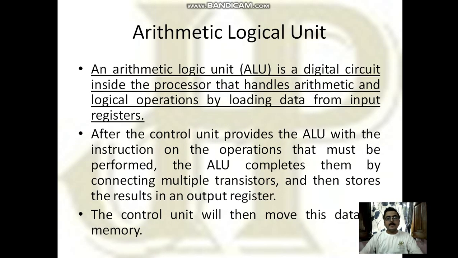Now, arithmetic logical unit. An arithmetic logic unit is a digital circuit inside the processor that handles arithmetic and logical operations by loading data from the input register. We already saw in the previous slide that whatever data is given by the control unit, along with instructions and control signals, the ALU performs the operation.